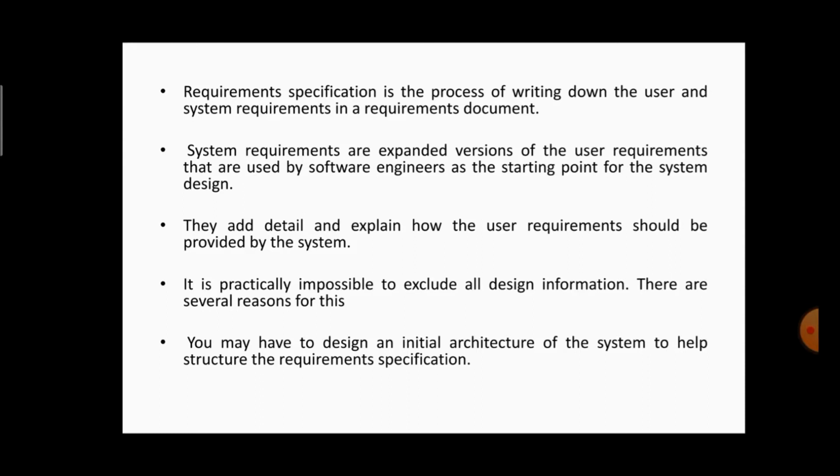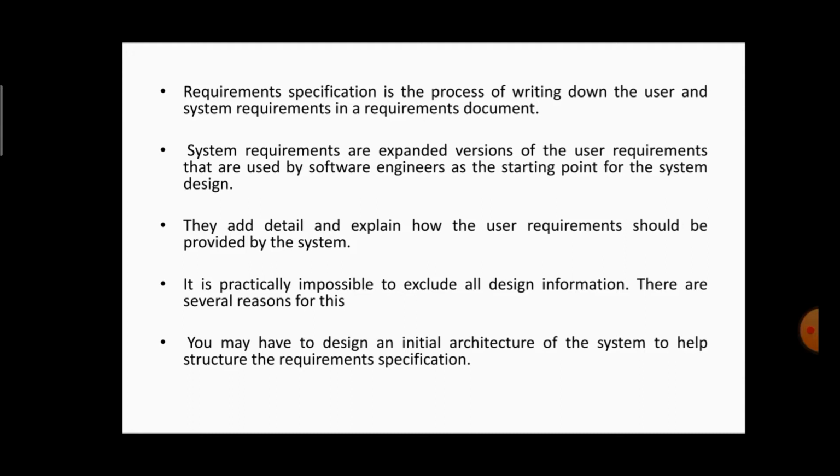Requirements are nothing but the features that have to be included in your software, right? So requirement specification is the process of writing down the user and system requirements in a requirement document.